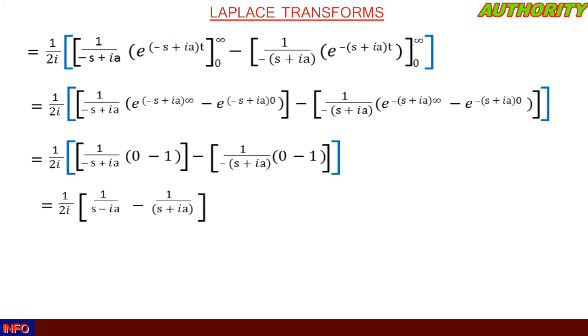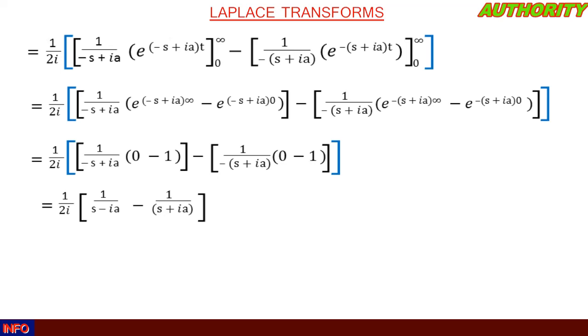Now let's combine these two items inside this bracket. So combining these two items, we look for their LCM. The LCM is going to give you (s minus ia)(s plus ia).